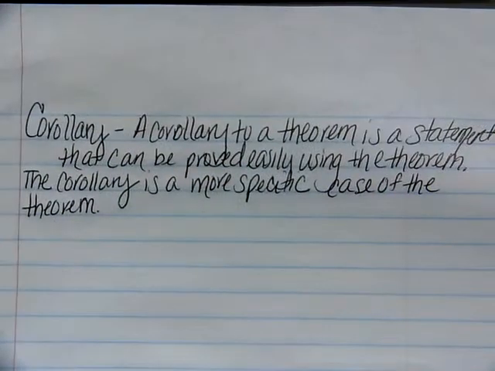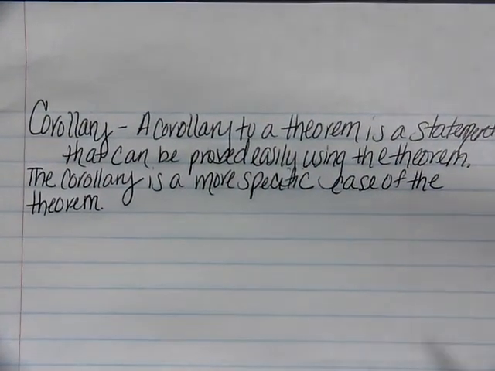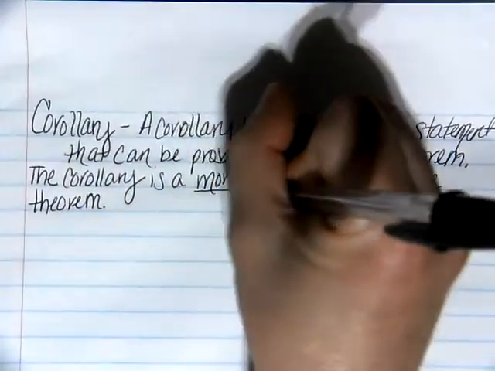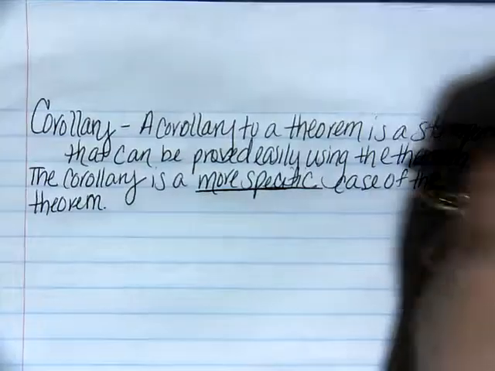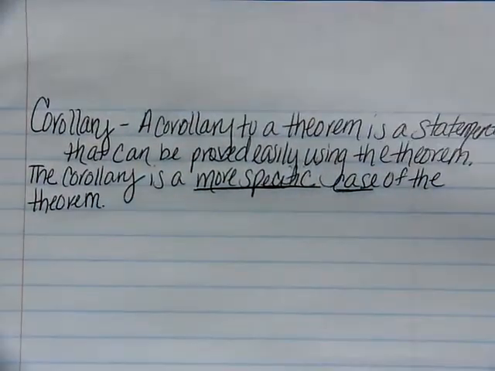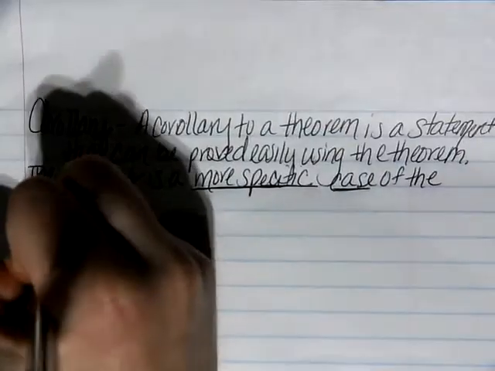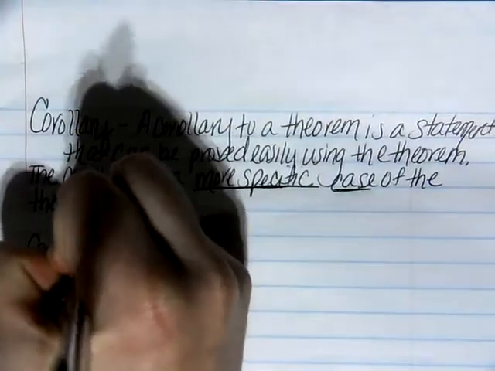So a corollary to a theorem is a statement that can be proved easily using the theorem. A corollary is a more specific case of the theorem. So what we're going to do is talk about the corollary to the triangle sum theorem.